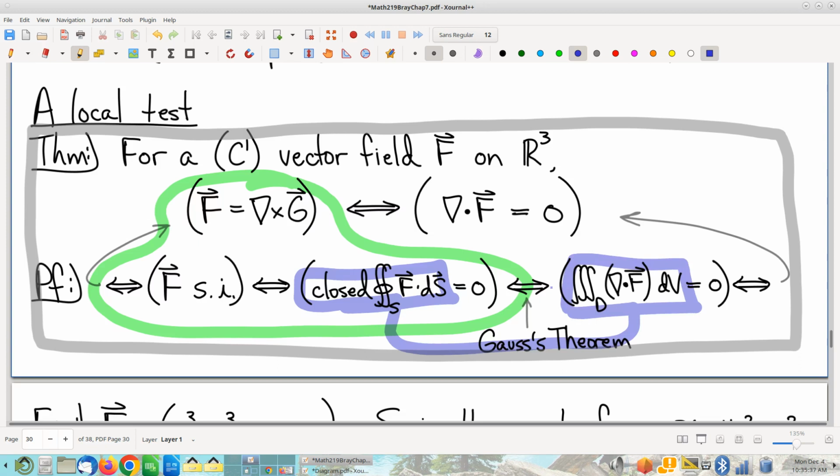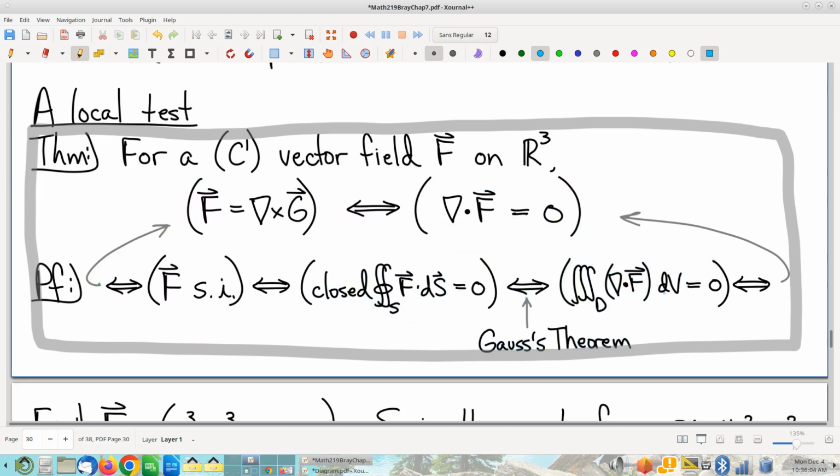Right? And so if the closed fluxes are all zero, these triple integrals of divergence are all zero? Wait a minute, how could all triple integrals, no matter what the solid, every solid, the triple integral is always zero? The only way that's possible is if the integrand is itself zero, and vice versa. So really, really similar argument, and nice punchline.